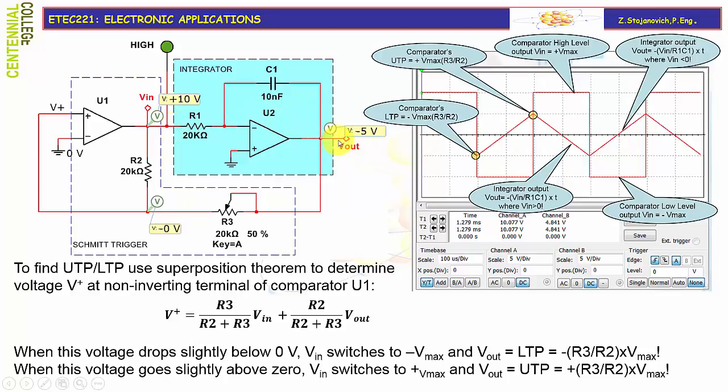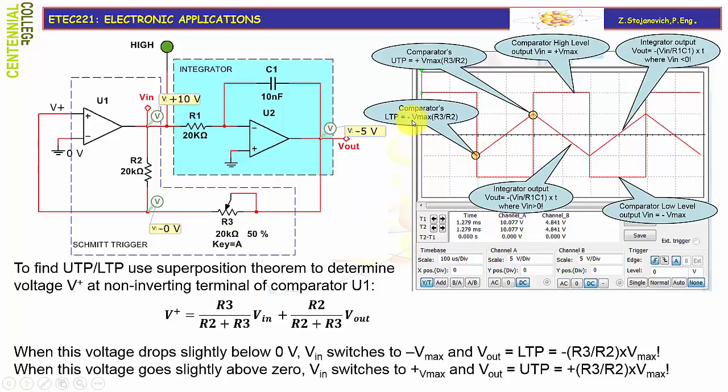Ramping down will lower the voltage at the output, and when this voltage drops to such a value that the non-inverting input of the U1 gets a value which is slightly lower than 0, the output of the comparator will change the level from positive 10 volts to negative saturation voltage, negative 10 volts. That would be the lower threshold point.